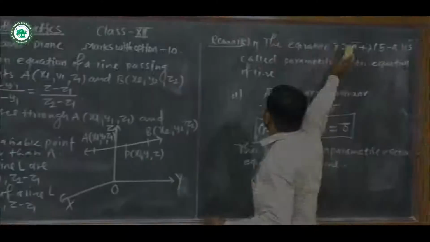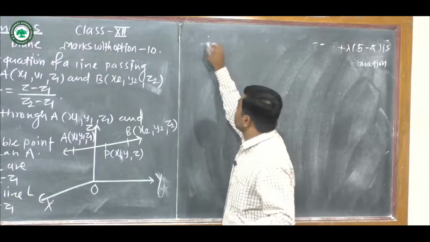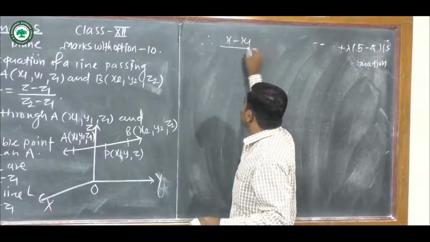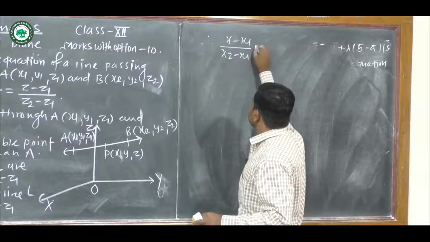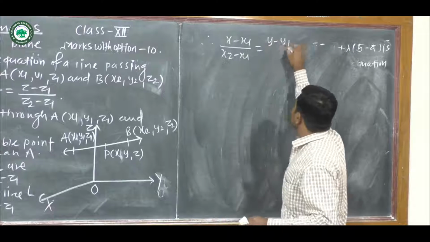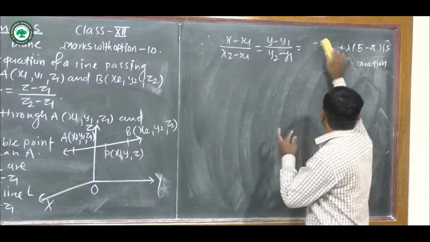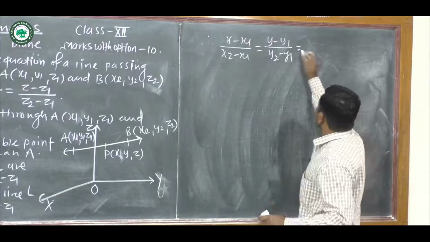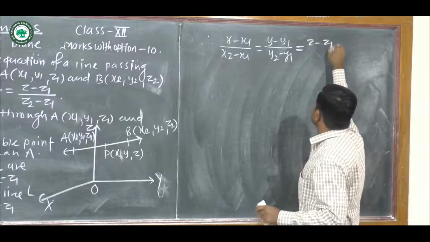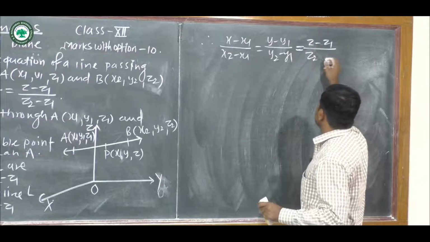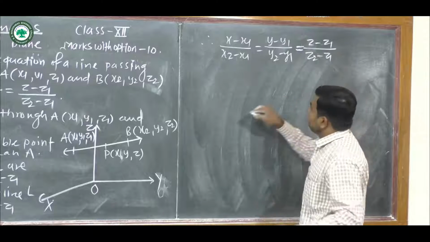So therefore (x minus x1) upon (x2 minus x1) is equal to (y minus y1) upon (y2 minus y1) is equal to (z minus z1) divided by (z2 minus z1).